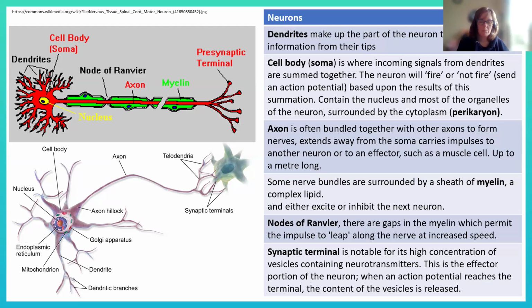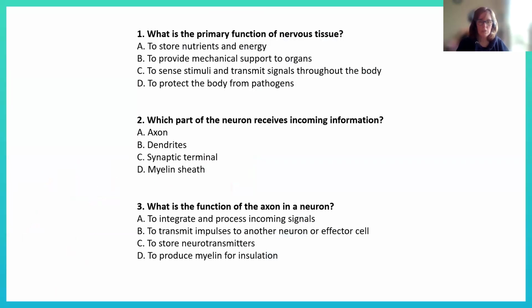You'll have heard of people talking about neurotransmitters in your brain in terms of mental health and things like that. People often talk about them in terms of the effects of drugs on the body, for example. So those terminals release neurotransmitters to the nearby neurons. So they're pretty important structures.